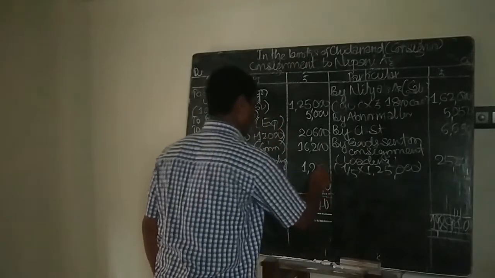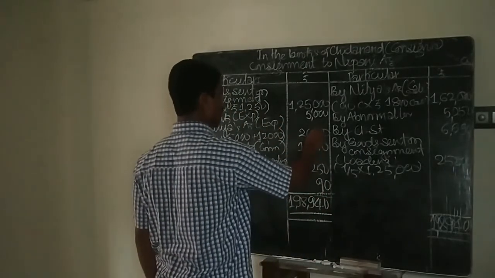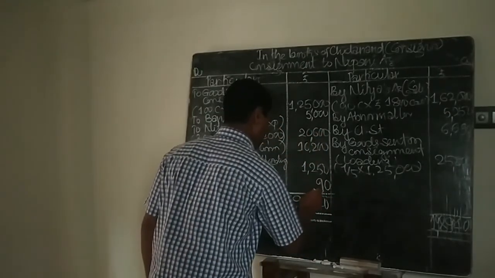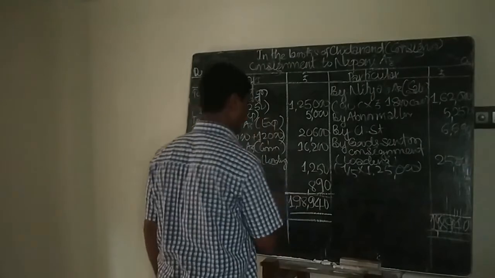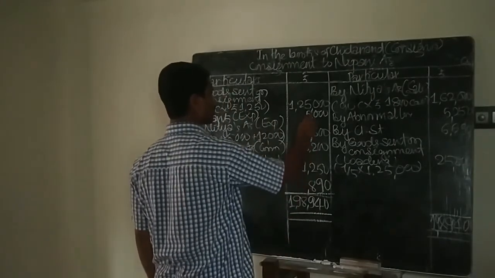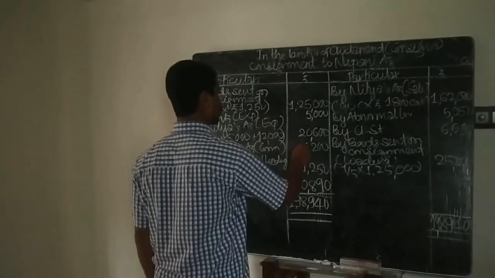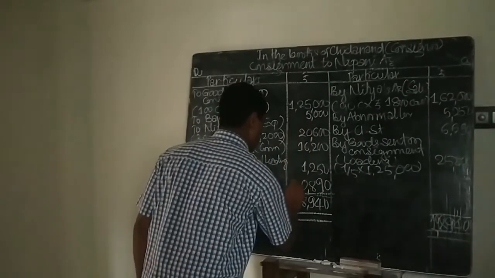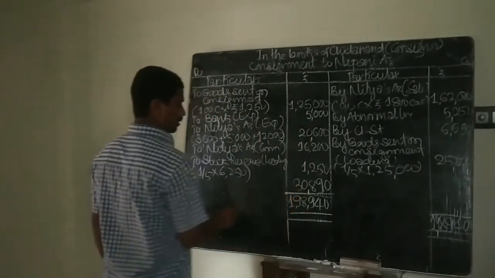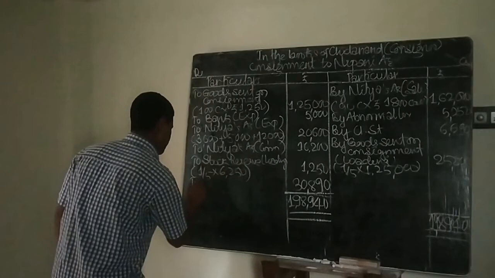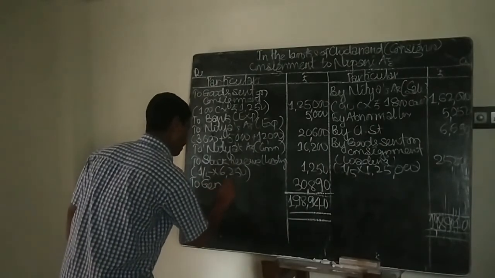Now let's take the difference here. 0 here, so 9 plus 5, 14, carry 1, 3, 5, 5 plus 6, 11, 11 plus 8, 19, 1, 1, 2, 8, 8 plus 5, 13, 13 plus 5, 18, 0 here, carry 1, 1 plus 1, 2, 2 plus 2, 4, 4 plus 2, 6, 6 plus 3, 30,890, which is transferred to general P&L account.